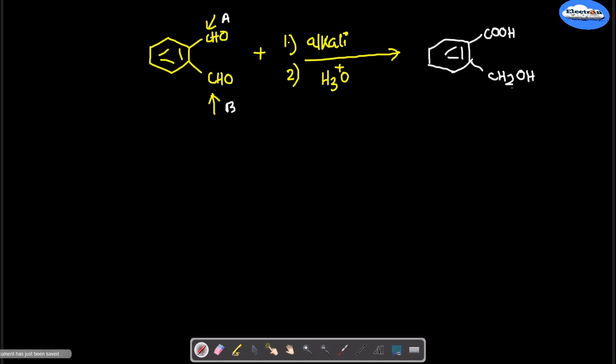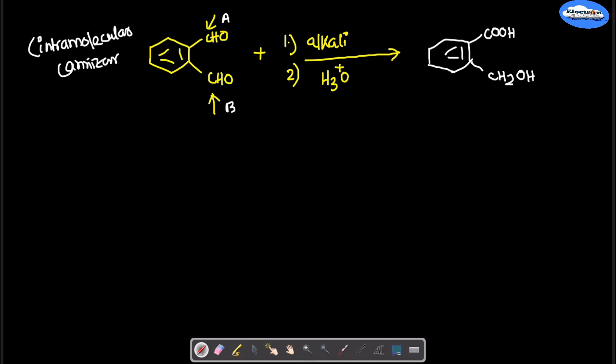So this is the product of this compound. Because it is happening in a single molecule, this reaction is called an intramolecular Cannizzaro reaction.